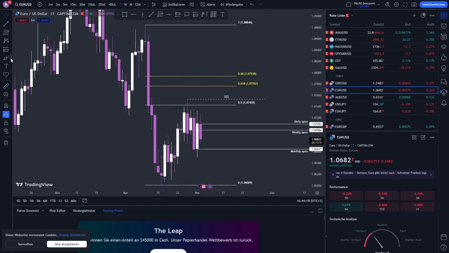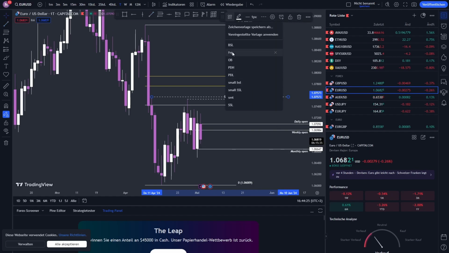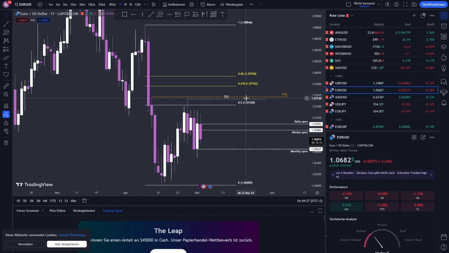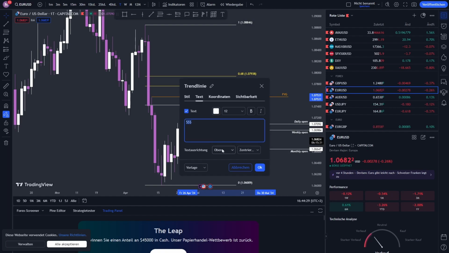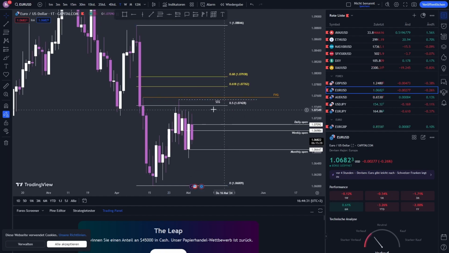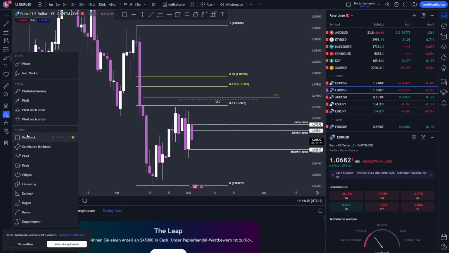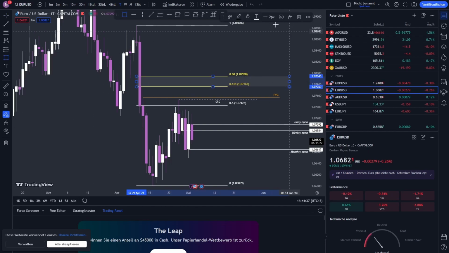We can also mark out that this is a fair value gap like this. And we can, wait, let's make this below, so we have clear vision. And we can also mark, if we want, this is not as important, that this is a golden zone right there.